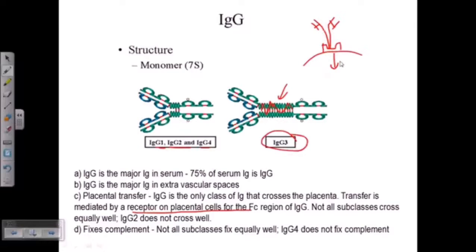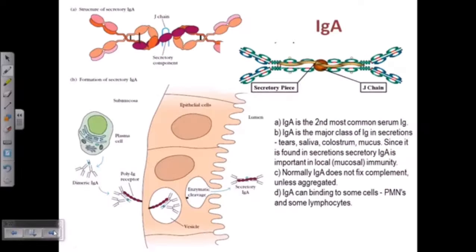Okay, and this IgG can fix complement, because complement fixation and all these things are called the physiological or biological activity of immunoglobulins. Now this IgG can fix complement most of the time, but not all subclasses fix complement. For example, IgG4 cannot fix complement. Okay, but the rest of the IgG can.